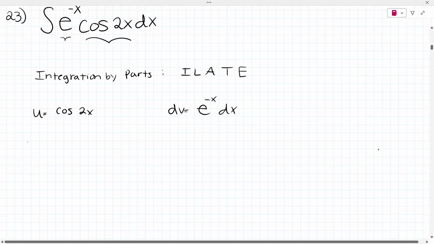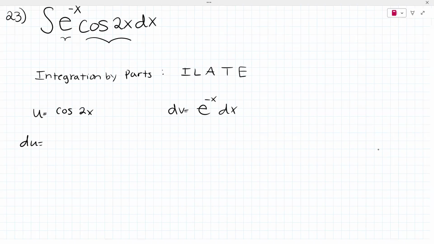And then what is my du? Well, the derivative of cosine is negative sine. And then the derivative of 2x is 2, so you put that in front. And then you have a dx.